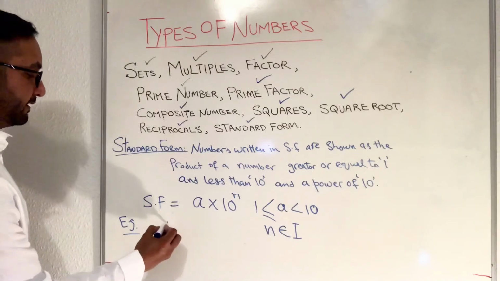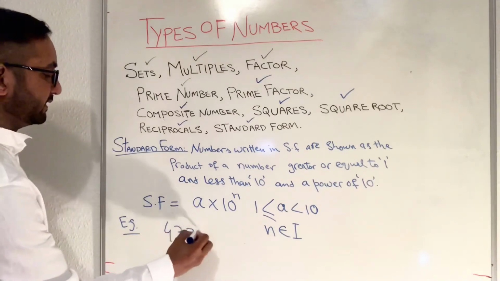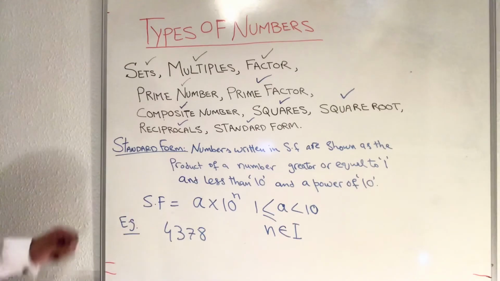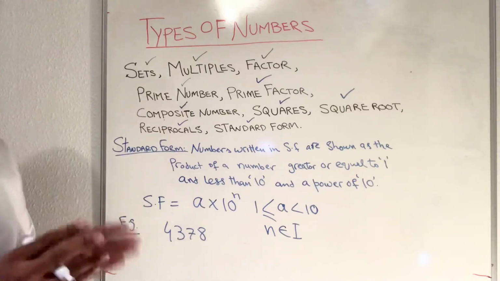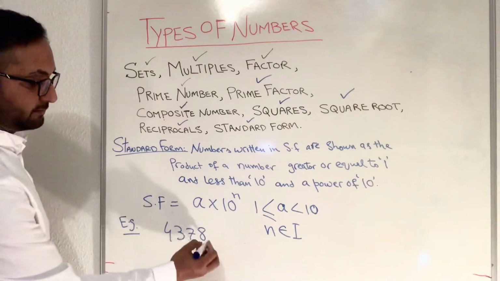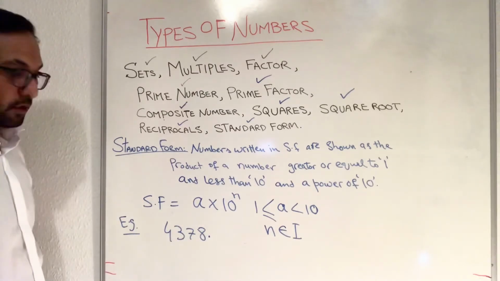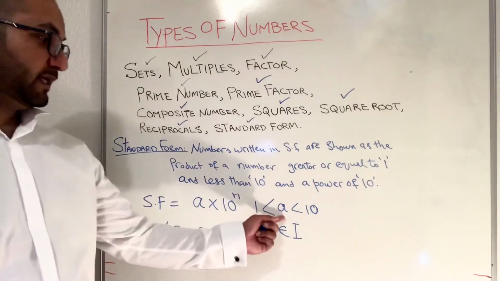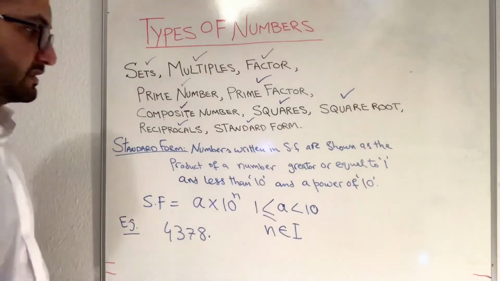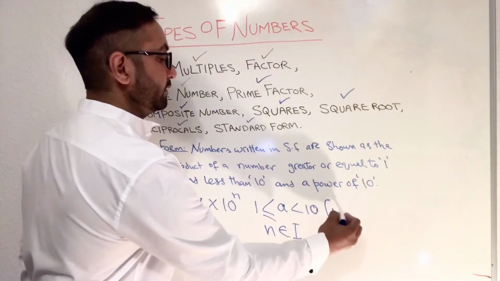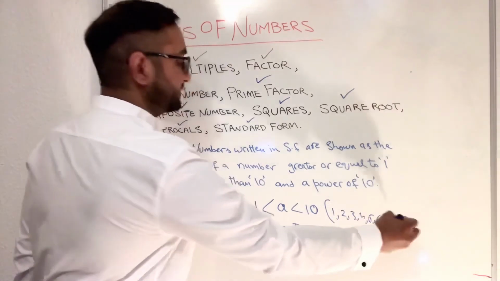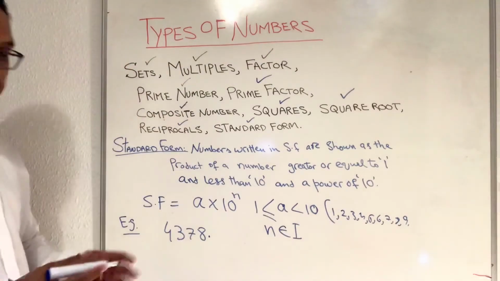if I write down the number 4378, can you write that number in standard form? So now we are moving the decimal. If this is a positive number, the decimal point is right at the end. We need a number which lies between 1 and 10, like 1, 2, 3, 4, 5, 6, 7, 8, 9 and less than 10. It could be a decimal number also.